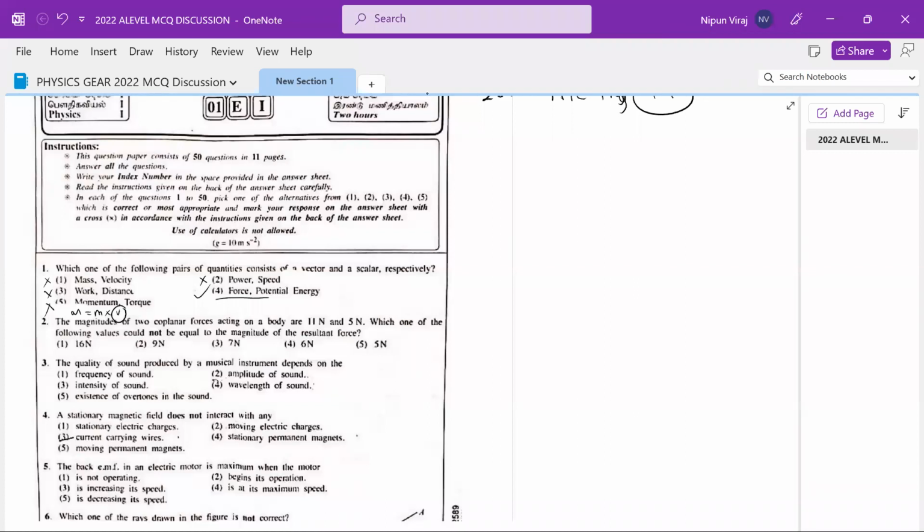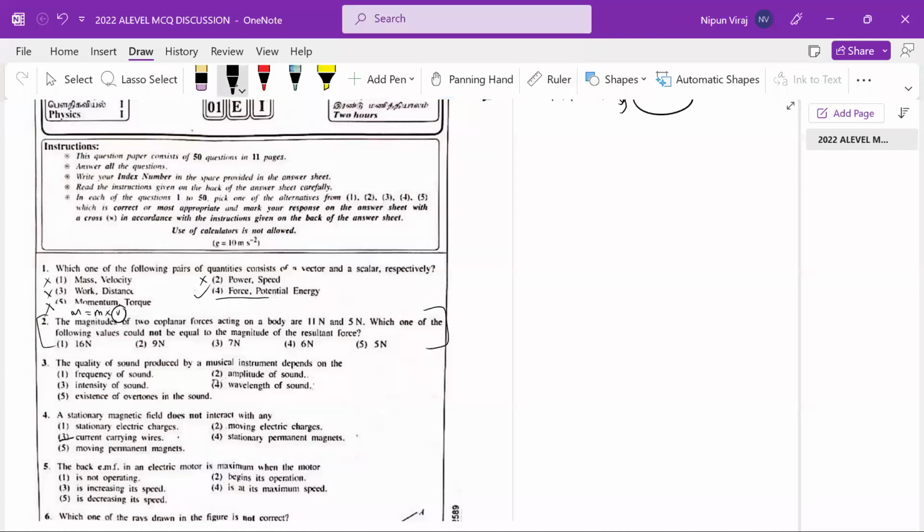What we can do in this second question is take the maximum and minimum.